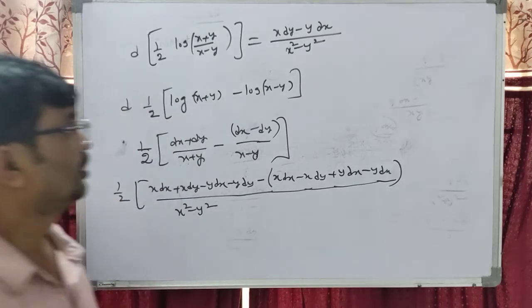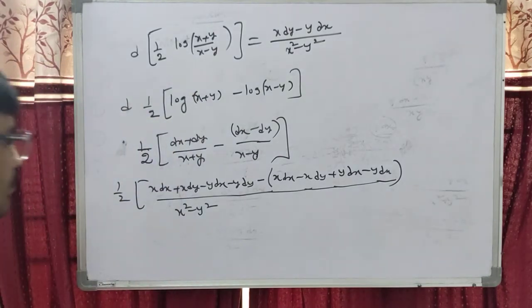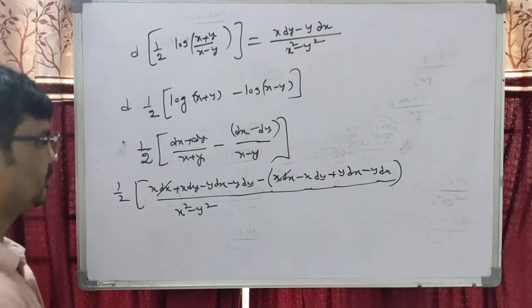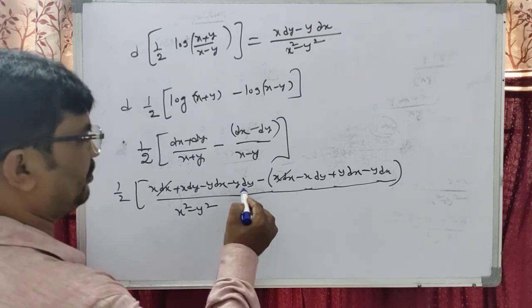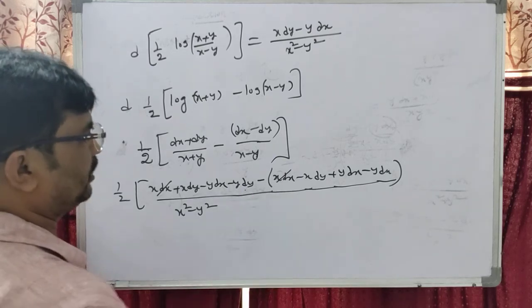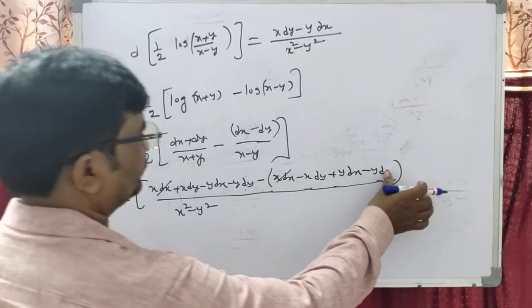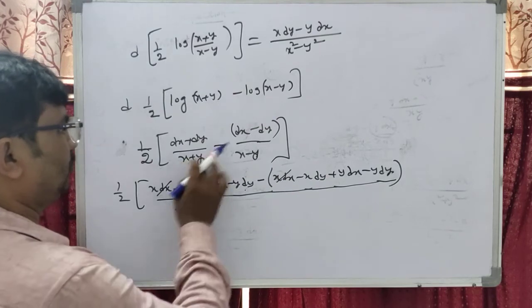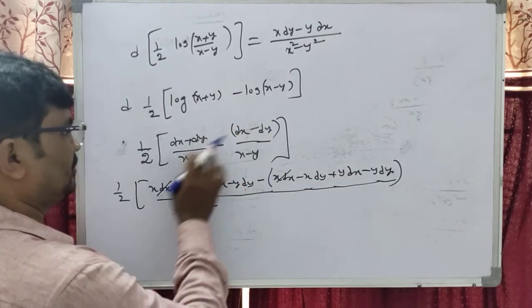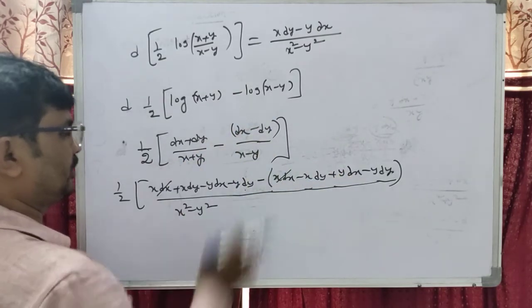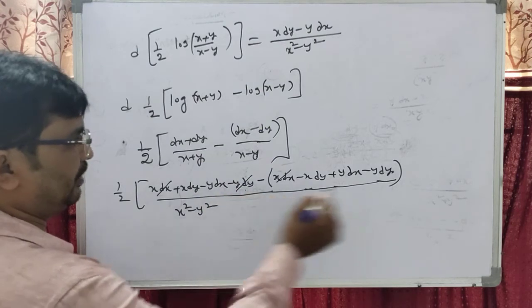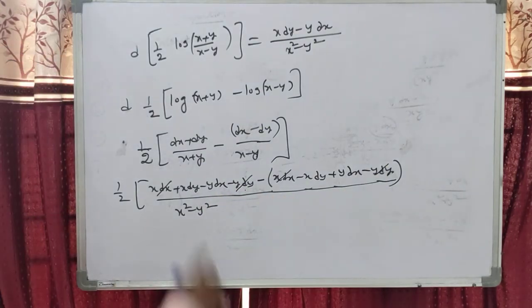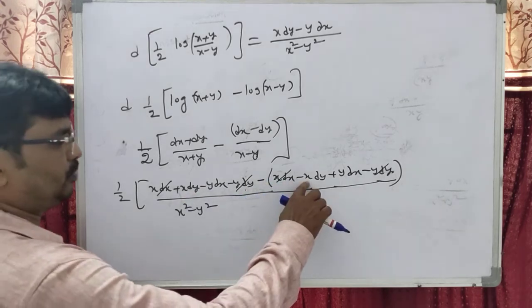What is there? Here you can observe x dx are cancelled. Also minus y dy is there; the last term is y dy, y dx. Now minus of minus y dy gives plus y dy, and minus of minus x dy gives plus x dy.